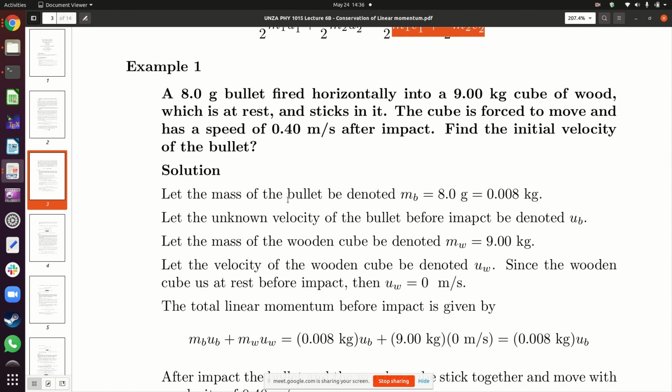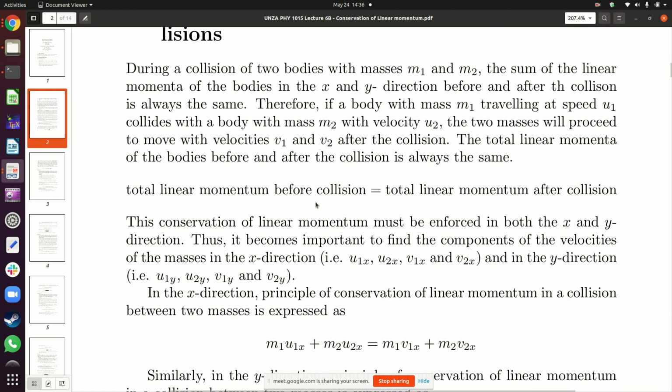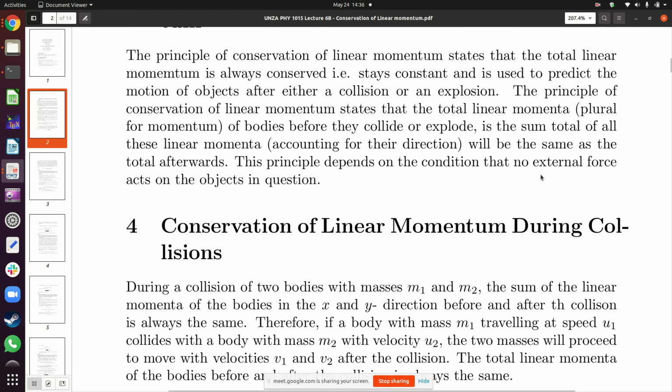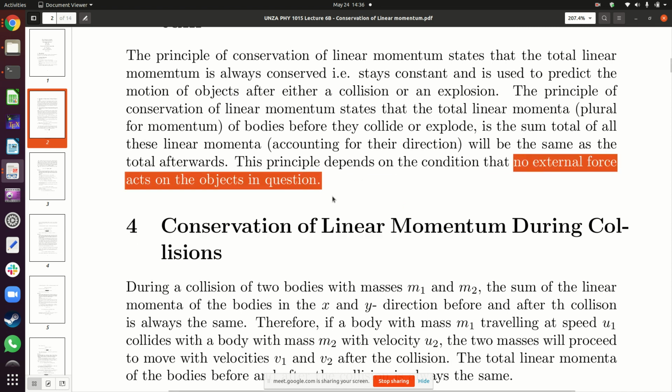So in this case, we have a bullet which has been fired from the gun. And like we have said, when you're looking at these problems of collisions, one of the requirements is that there should be no external force acting on any of the objects in question.